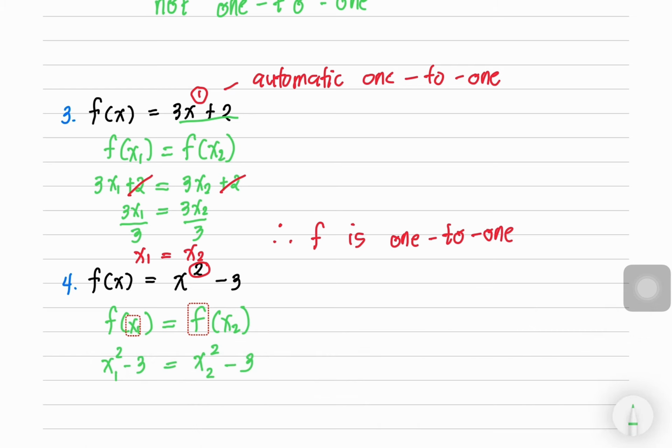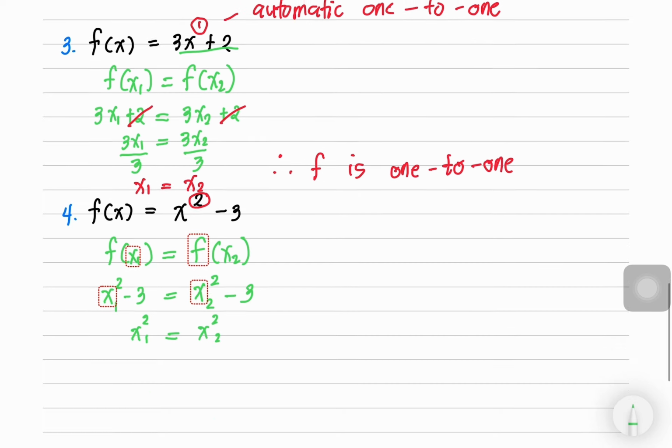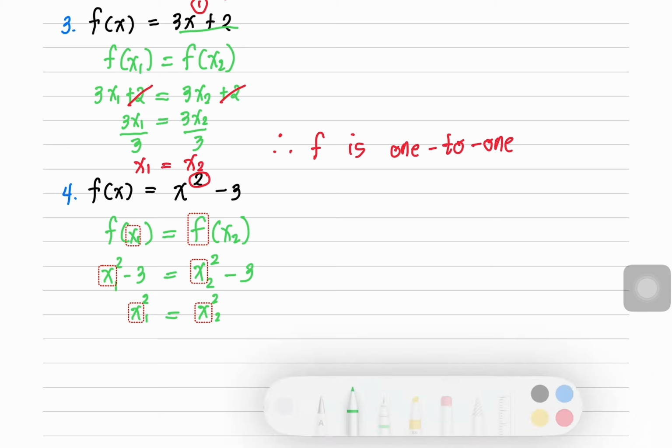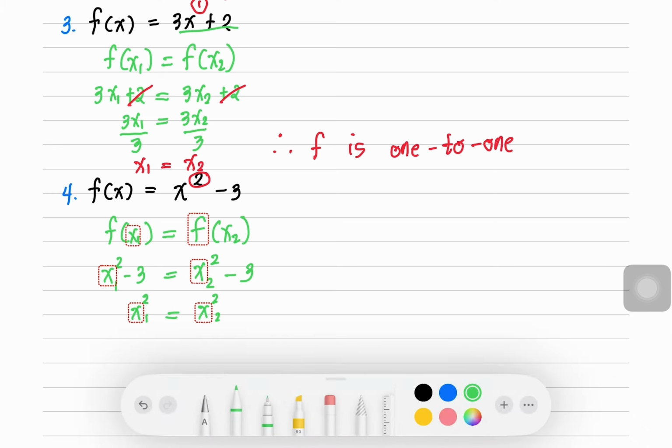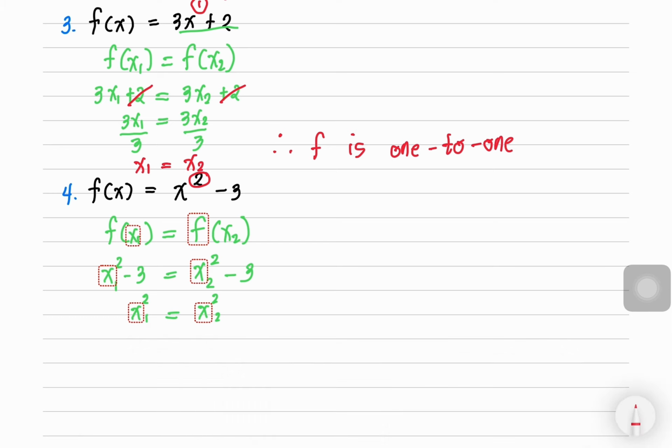So, let me correct this one. So, guys, ito magiging x sub 1 squared equals x sub 2 squared. Okay. So, to get rid of the exponent, ang gagawin lang natin dito, take the square root of both sides, right? Okay. So, huwag kakalimutan yon.